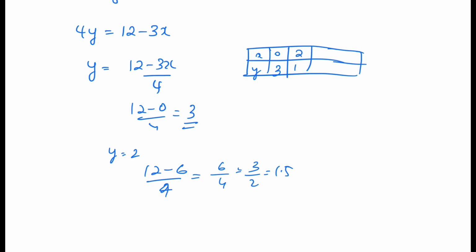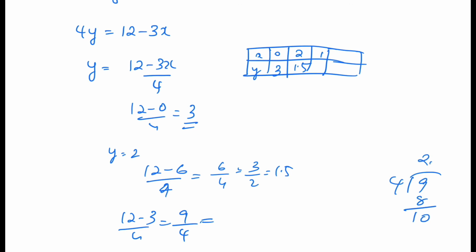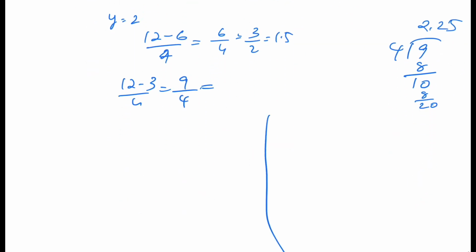So (2, 1.5). Then if I give x as 1, what do we get? 12 minus 3 by 4, that is 9 by 4, equal to 2.25.